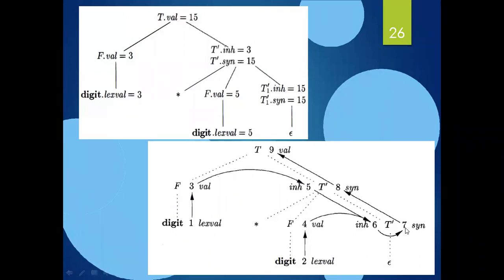Now I am performing the synthesized attribute. What does synthesized attribute mean? The parent takes the values computed from the children, isn't it? This is a child node. Here I computed the value, and this is obtained by the parent node T dash, right? This is the eighth evaluation order.